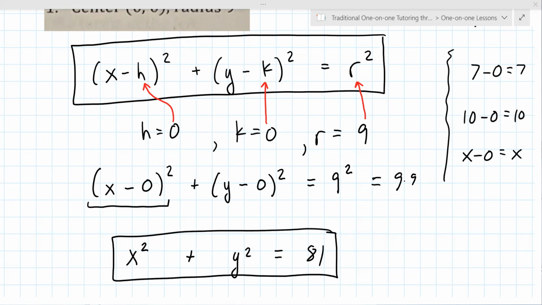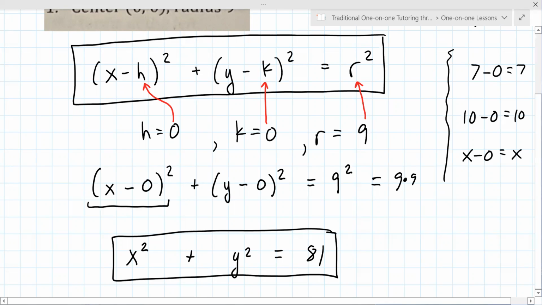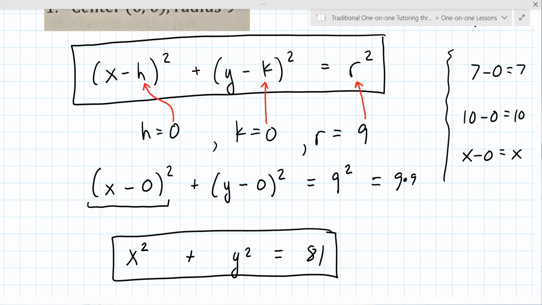We've got many more problems to go. Wait, is it 9.9 or 99? It's 9 times 9. Okay, got it down.